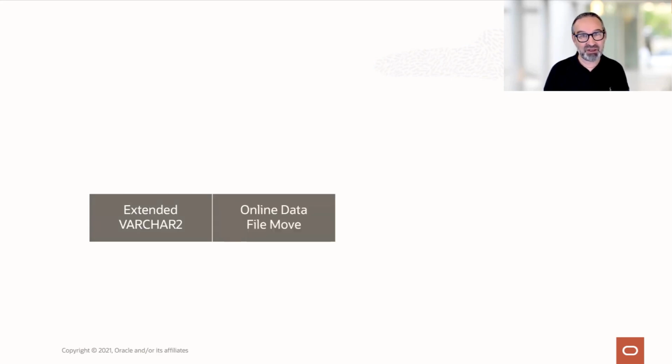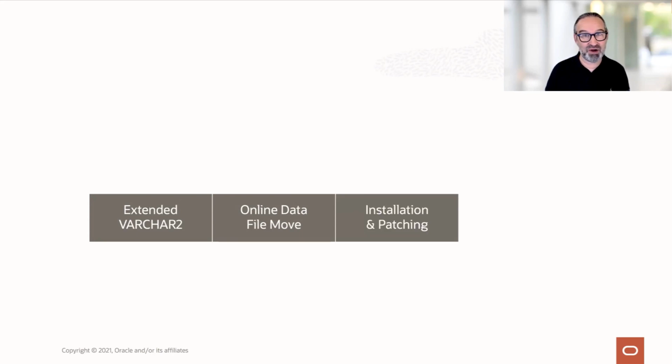Those were a lot of features in 1 hour. We started with extended VARCHAR2. Then Daniel introduced you to the online data file move. I showed you how to apply RU and patches in one pass with the installation. And then Daniel went into the online table move, which is a super cool feature.